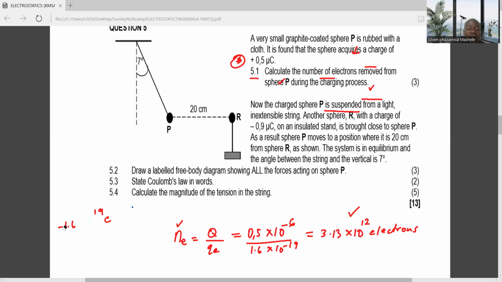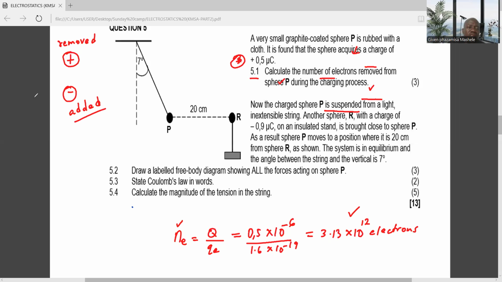We have now calculated the number of electrons removed from sphere P. When electrons are removed, it means that charge is a positive charge. Why? Because electrons move from positive to negative. So on a positive charge the electrons are removed, and on a negative charge the electrons are added. It's very important to know that.